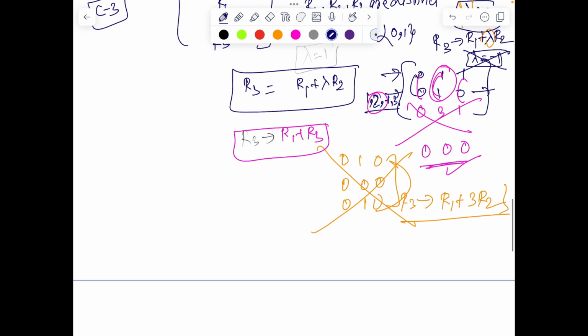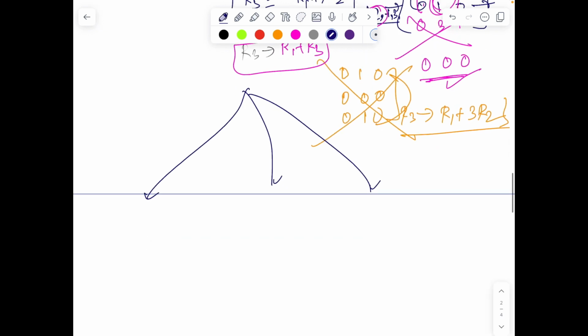Okay, anyway, moving forward with this idea, I can investigate case number 3. Since each row is unique, one of the rows is a 0 row. Now the problem here is, suppose one of the rows becomes a 0 row. Let's say 0 0 0, and we have 1 0 1, and the third is 1 1 1.